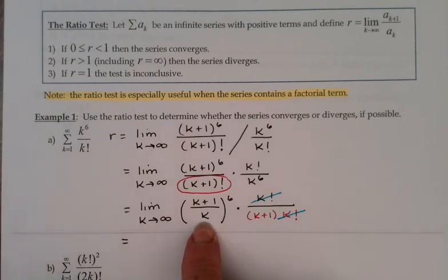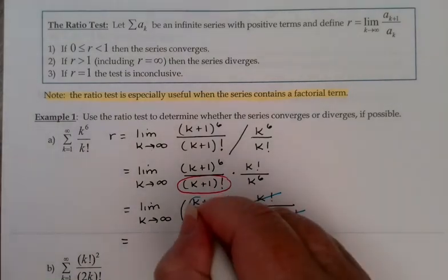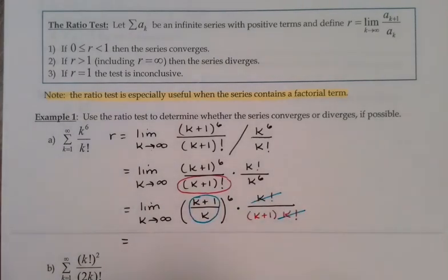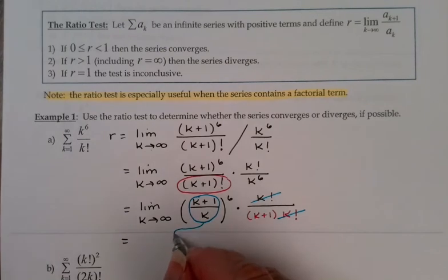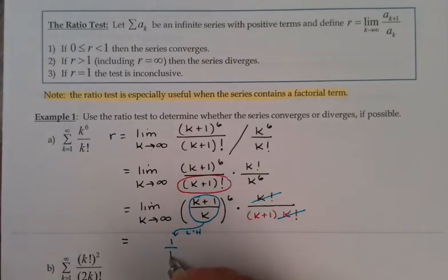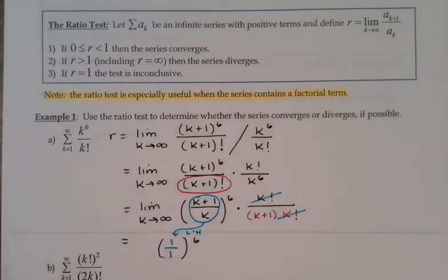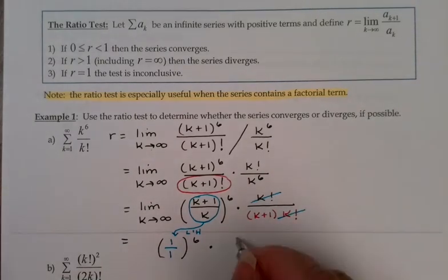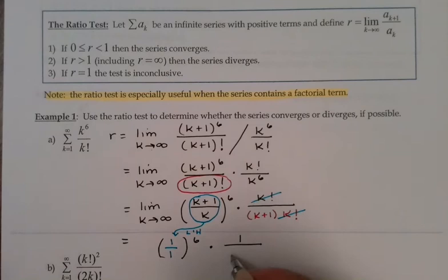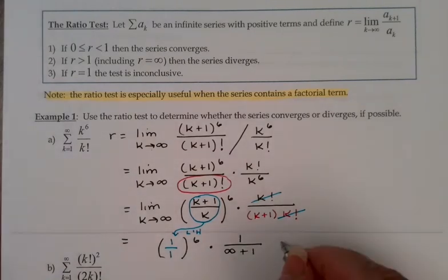This says k goes to infinity. If we use L'Hopital's rule just on this little bitty piece in here, that's really infinity over infinity. And using L'Hopital's rule, that would just become 1 over 1 to the 6th power times, the second fraction is a 1 over, k plus 1 is now going to be infinity plus 1.